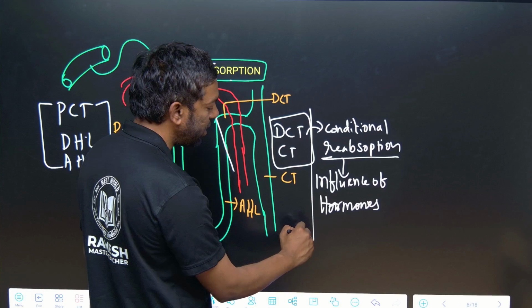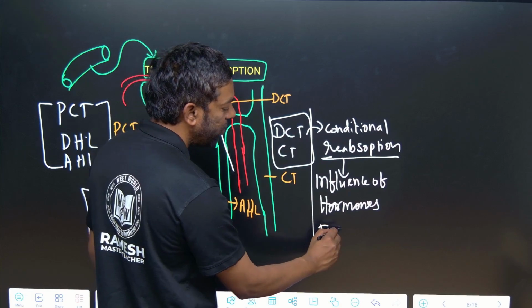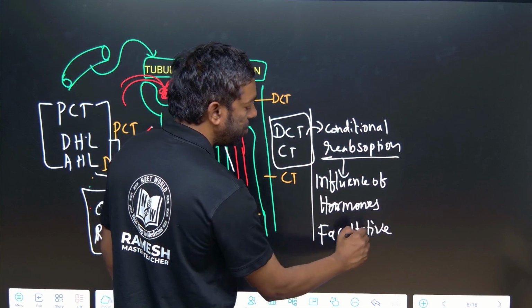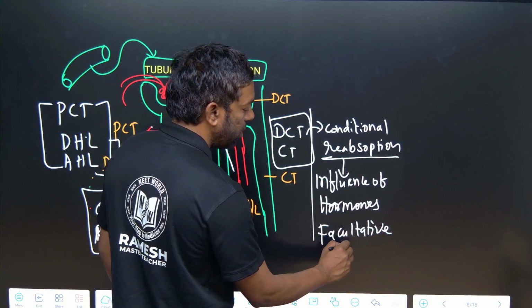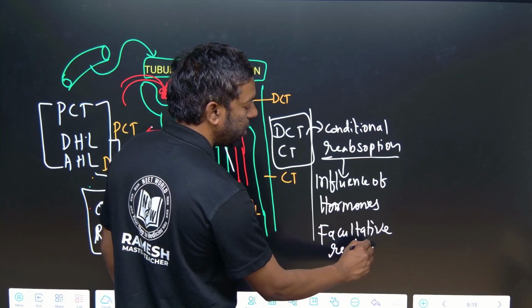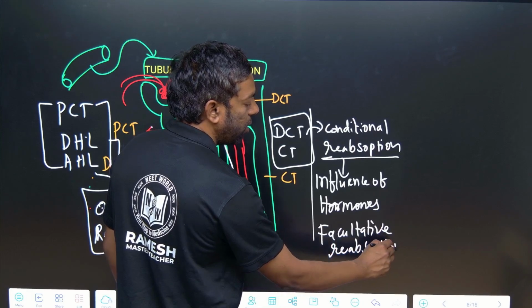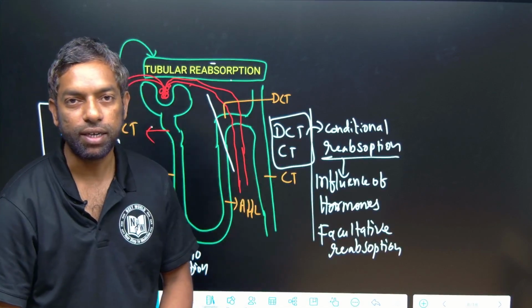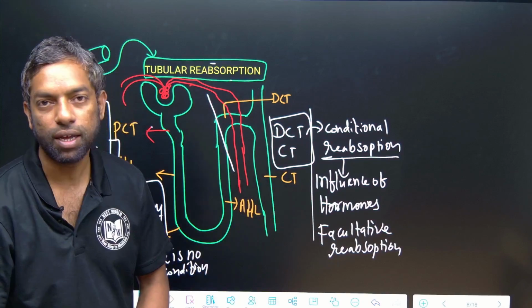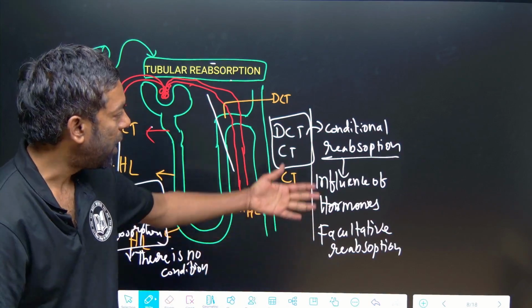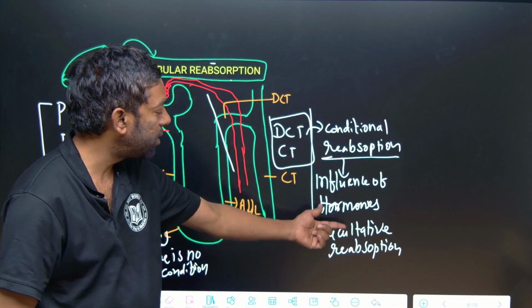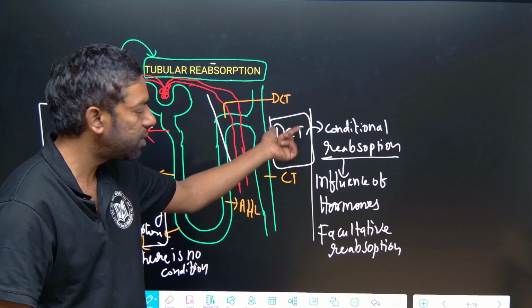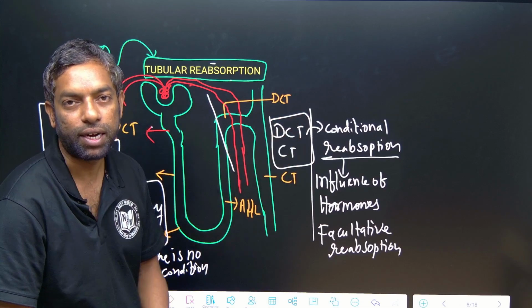We can call it facultative reabsorption, taking place in these two parts, the collecting duct and DCT. This is most important, guys, from the exam point of view. Facultative reabsorption means conditional reabsorption under hormonal influence, taking place in the DCT and collecting duct.